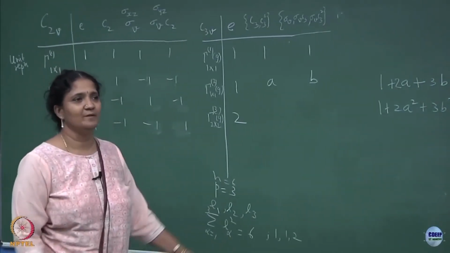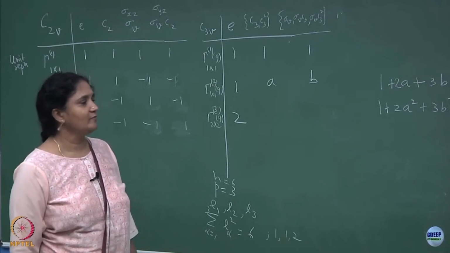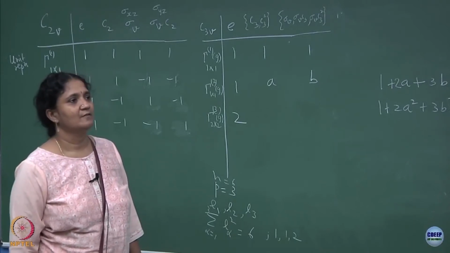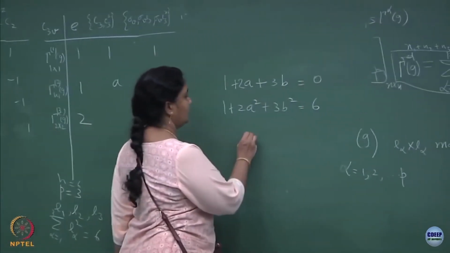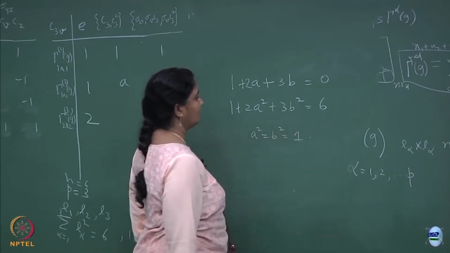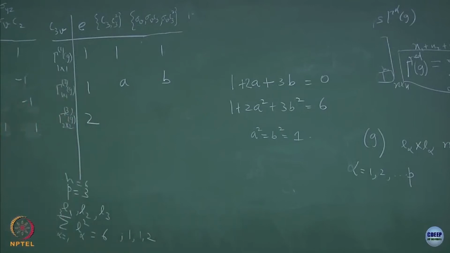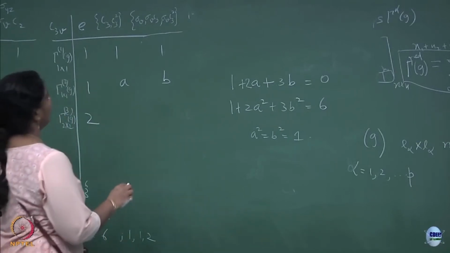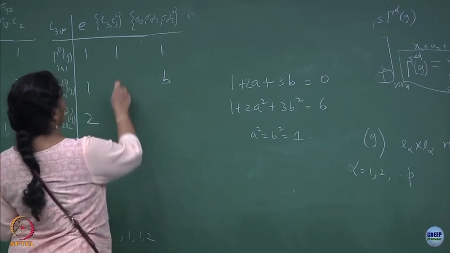A and B have to be some integers, see which is the best one which will fit this. So which one will fit? A squared equal to B squared has to be 1, is that right? So we will have A1, very good.